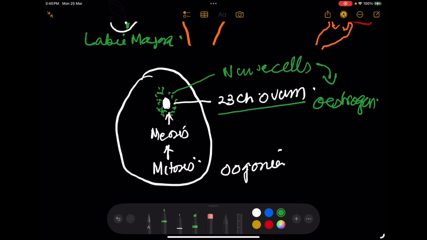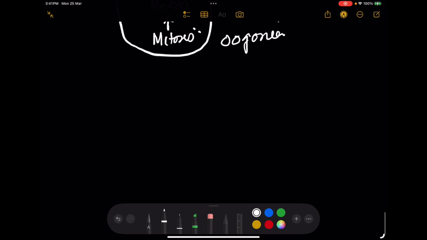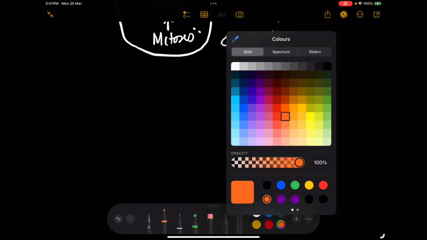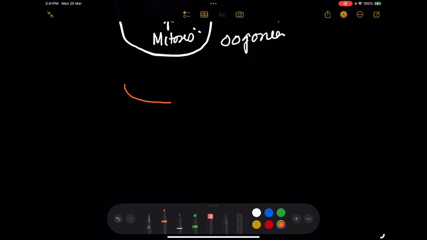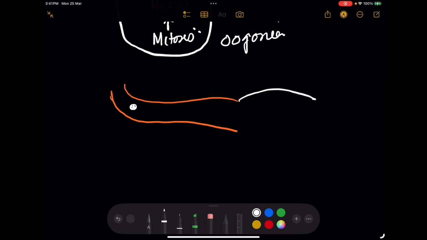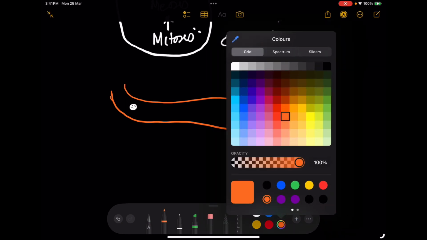Now this ovum ruptures from the surface of the ovary and enters the fallopian tube. So here is that ovum which has been sucked in by the fallopian tube and is gradually traveling towards the uterus.